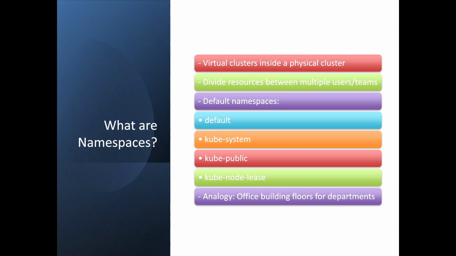Second is kube-system, which is used to organize Kubernetes system components. Third is kube-public, used for resources that should be publicly visible. Then we have kube-node-lease, which is managed for the node heartbeats of the nodes within your cluster. So think of the cluster as a big office building, and namespaces are separate office floors for each department. Everyone can have their own floor without mixing with others.